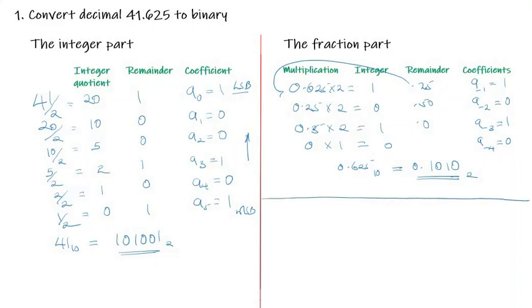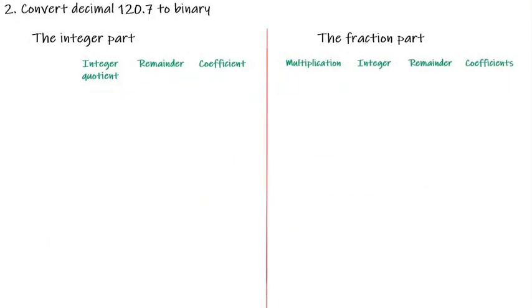So 41.625 in base 10, that is decimal, is equivalent in binary to the integer part 101001, point, the fractional part 1010. And that is the answer for 41.625 in binary.